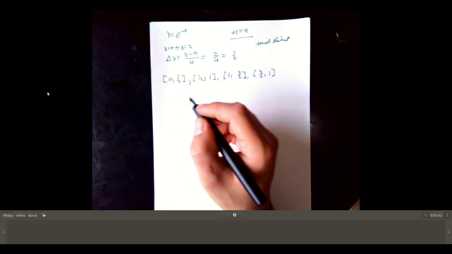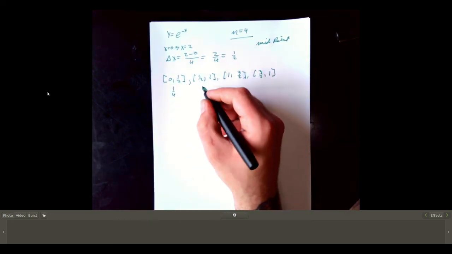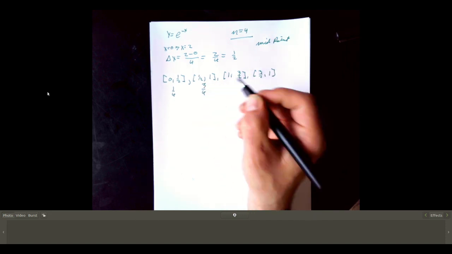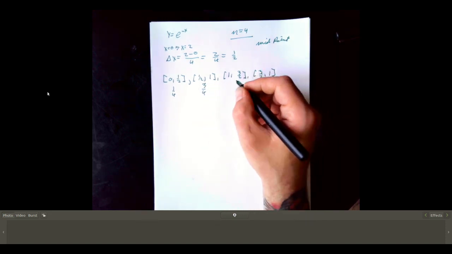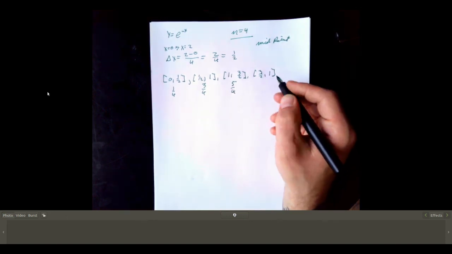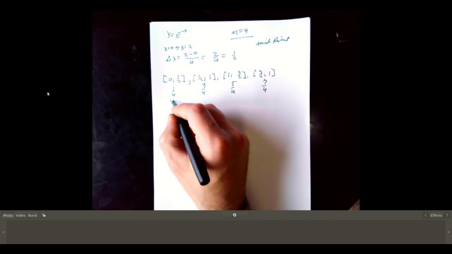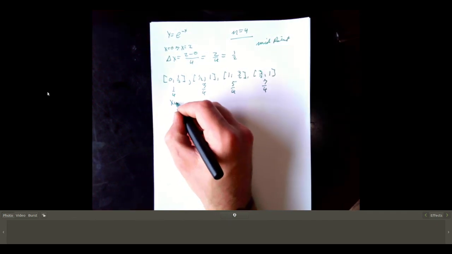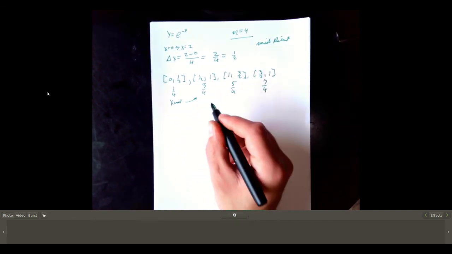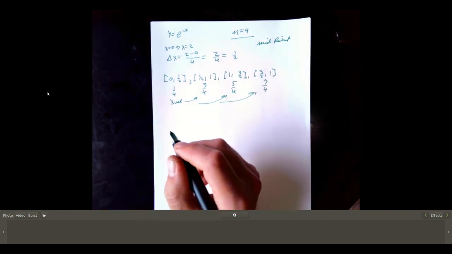Halfway between 0 and 1/2 is 1/4. Halfway between 1/2 and 1 is 3/4. Halfway between 1 and 3/2 is 5/4. Halfway between 3/2 and 2 is 7/4. These are the x values that we're going to use to get the heights of our rectangles.